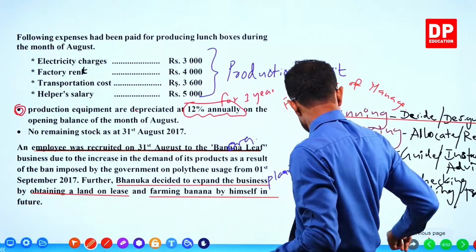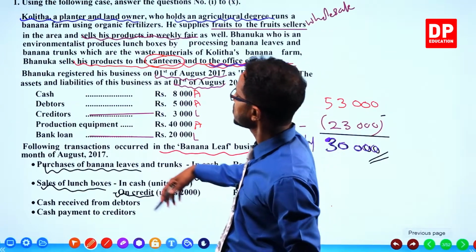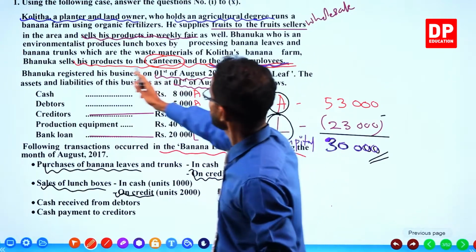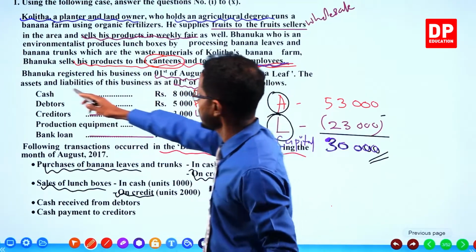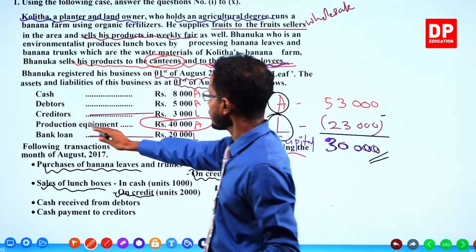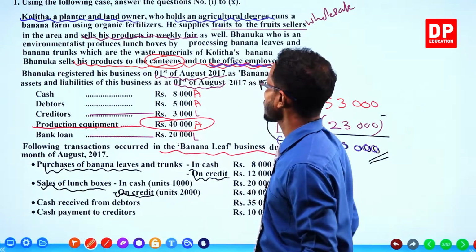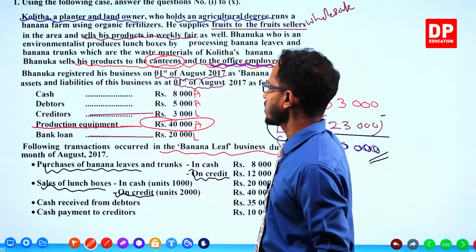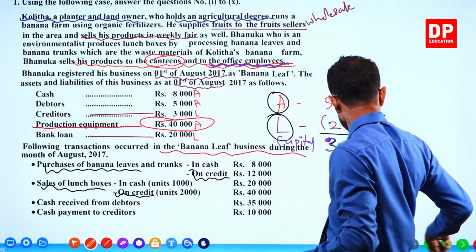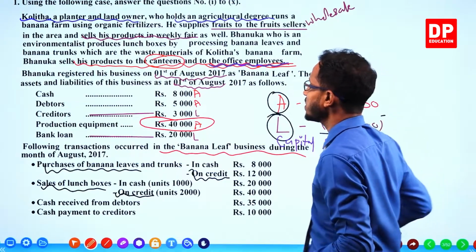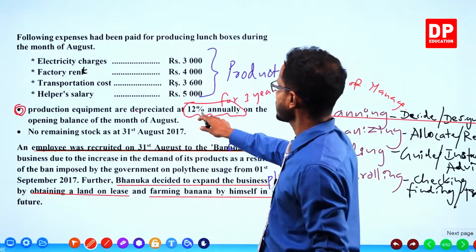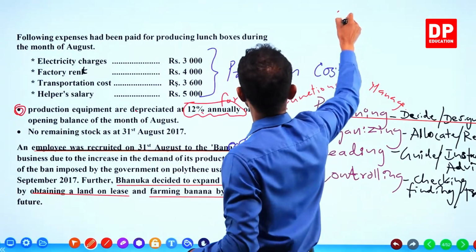For how much did he purchase production equipments? There you go. We missed it. 40,000 production equipments. We missed it. 40,000 worth of production equipments should be depreciated at 12% per annum.